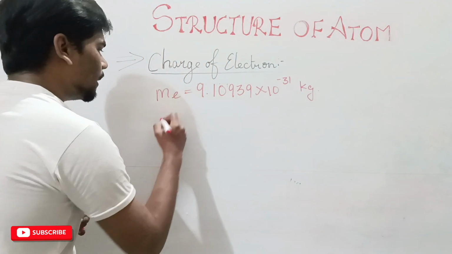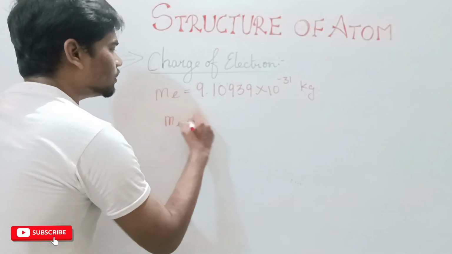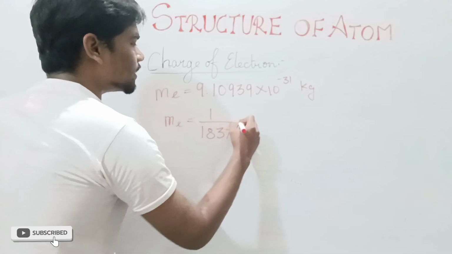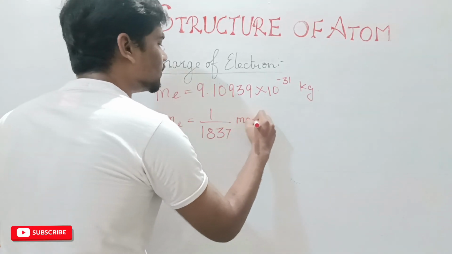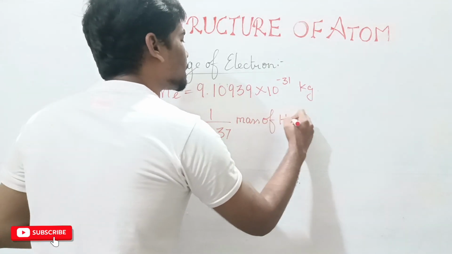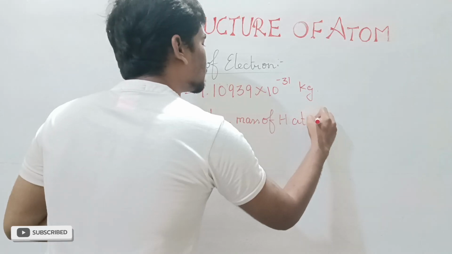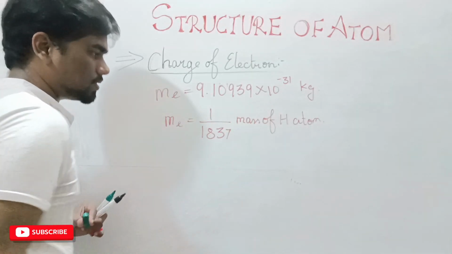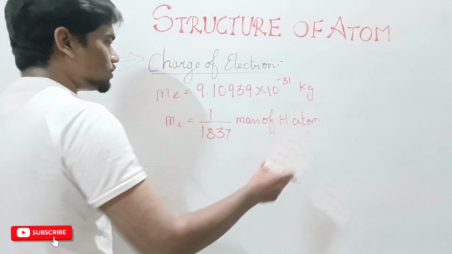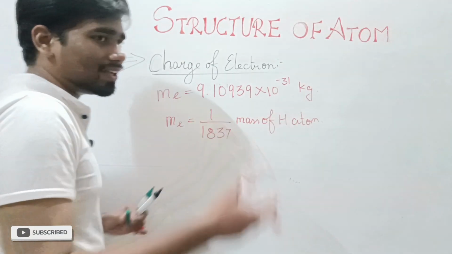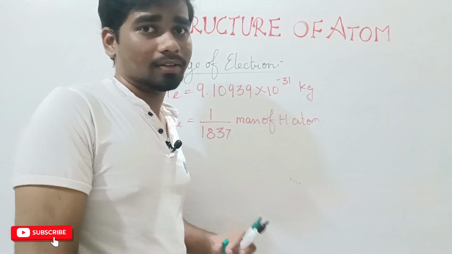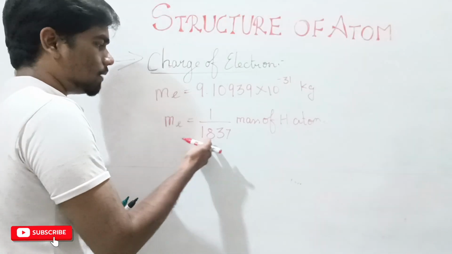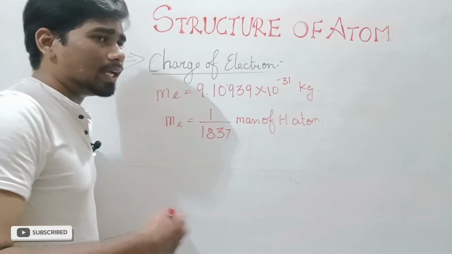That's nothing but mass of electron is equal to 1 divided by 1837 into mass of hydrogen atom. This is very important. There are so many previous questions containing the direct question, what is the ratio of mass of electron to the mass of hydrogen atom, which is nothing but 1 divided by 1837.